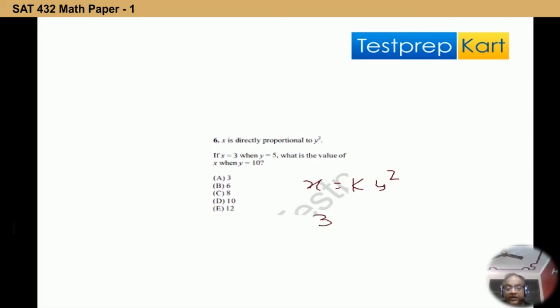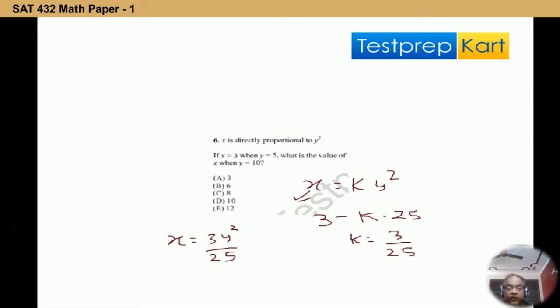So I can write 3 is equal to k into y square, which is 5 square, that is 25. Straight away I can get k, which is 3 by 25. So my equation is now x is equal to 3y square divided by 25. Right? Let's come to the last part.